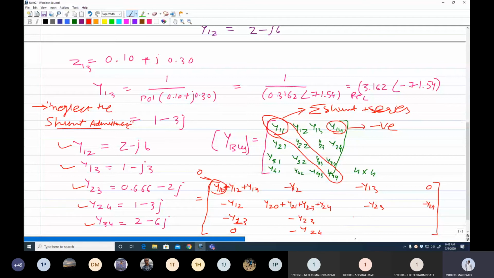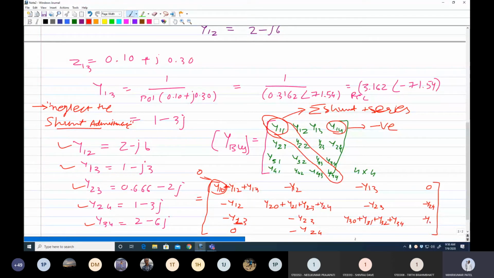What will be the value of y33? y30 plus y31 plus y32 plus y34.